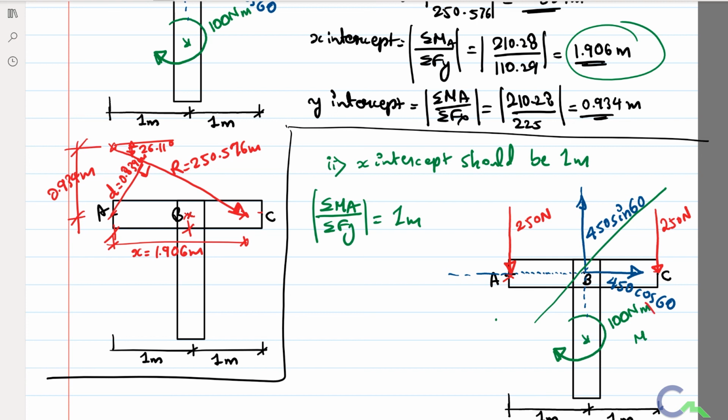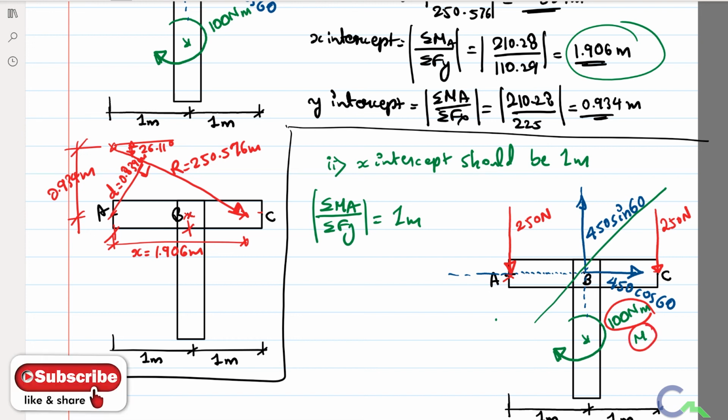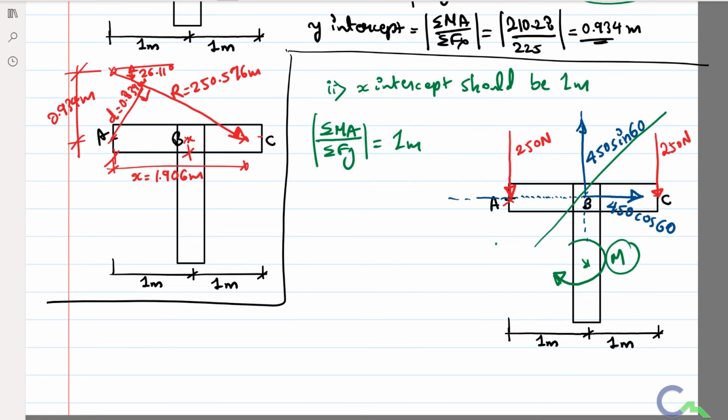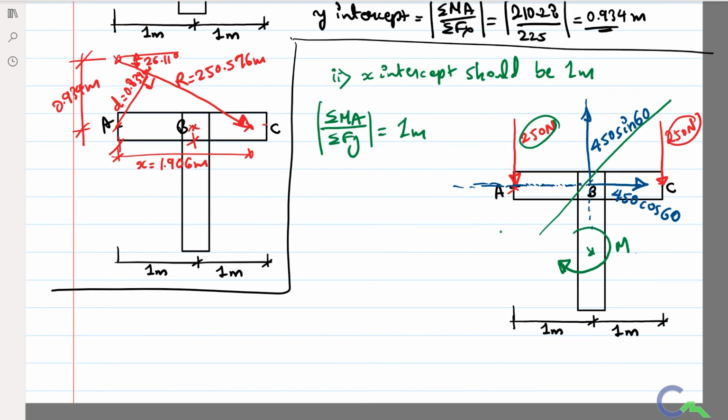But I have to find, instead of 100 Newton meter, what should be the moment value. I will take this as m. Again I will recalculate sigma MA, then I will find the value of this m. If I apply this m, it is going to pass through point B. So I will recalculate sigma MA, then I will substitute in this relation.